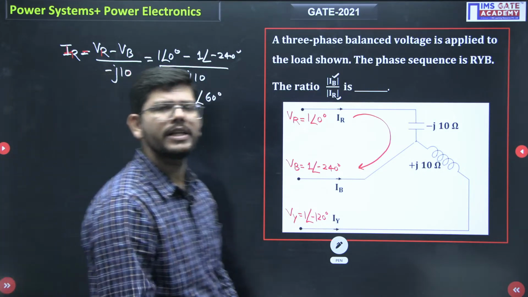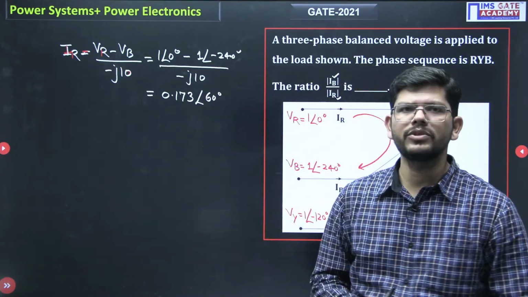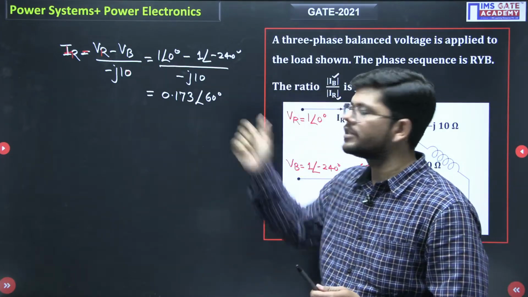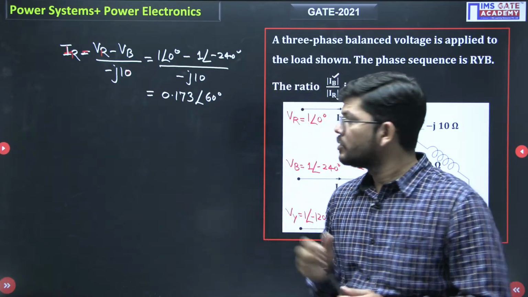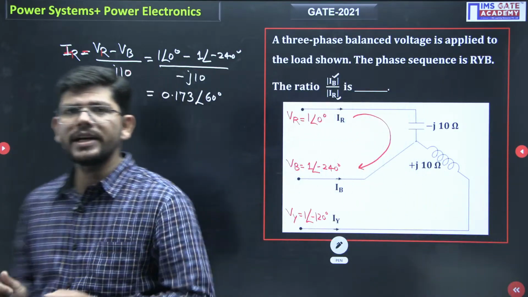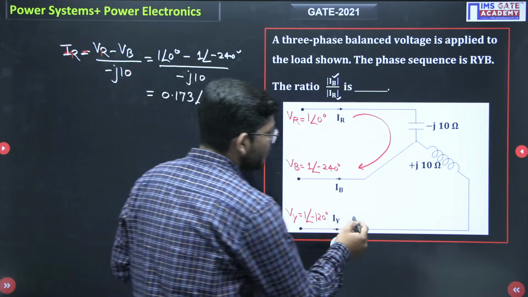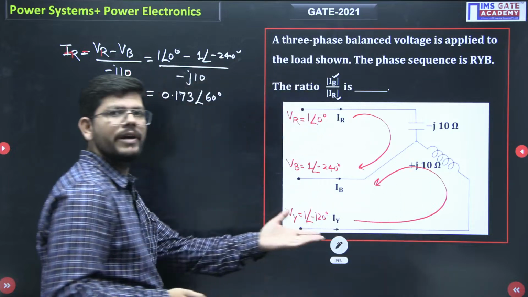You have to convert it from rectangular to polar and then you get this answer. I have done all this calculation and obtained this value. If you want to re-verify this, you can. So this is how we can find IR. Now if we apply KVL in this direction, we will get the value of IY.